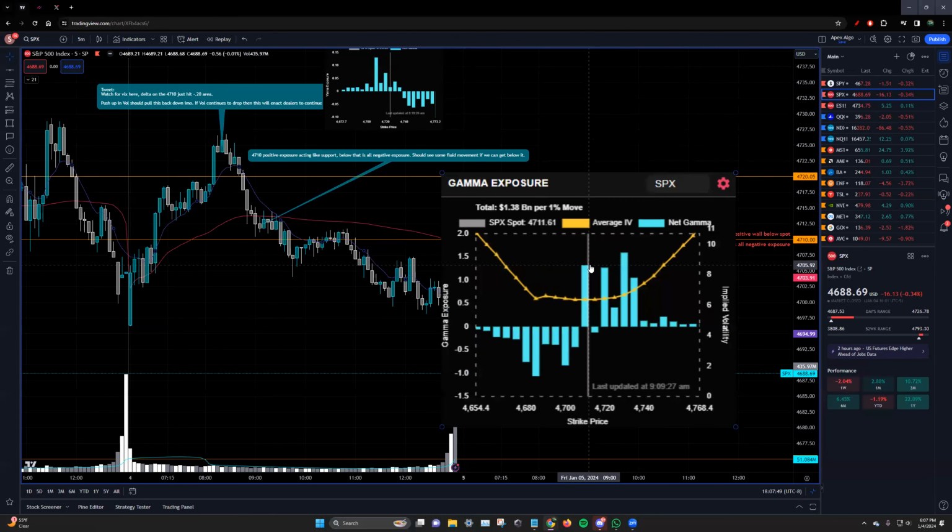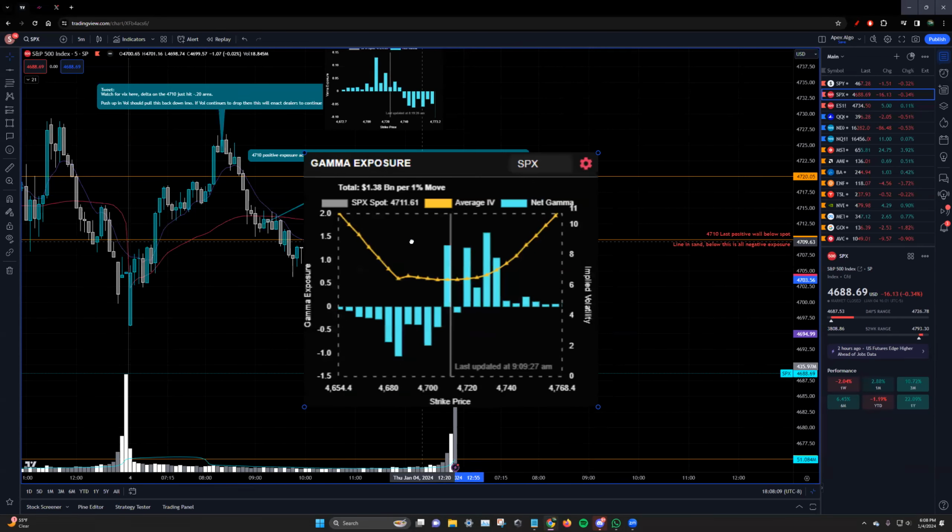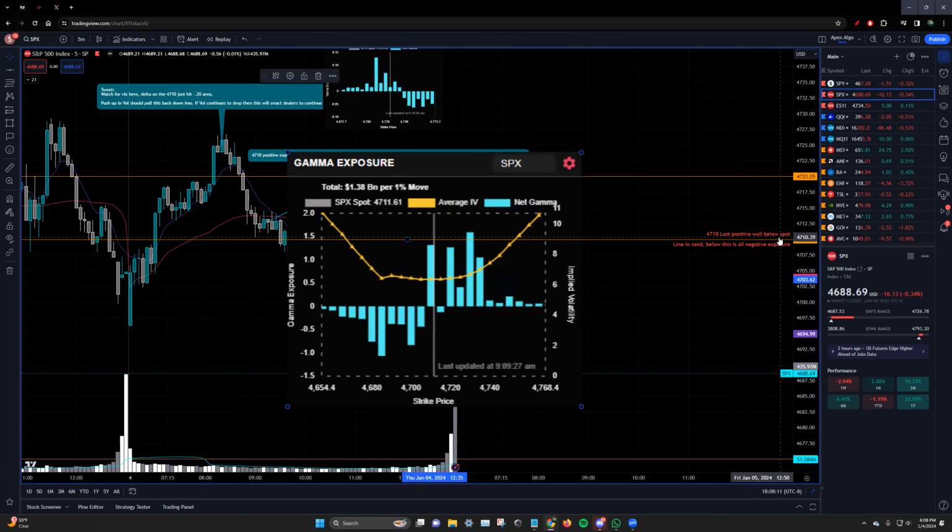But the thing is when I posted that tweet, we were right at 4710. As I said, you want to wait till you approach those GEX levels. The reason is, as I said earlier, with the gamma curve itself, that's when you'll have some sort of market reaction. So with that being said, 4710, I even had it here, last positive wall below spot, line in the sand.